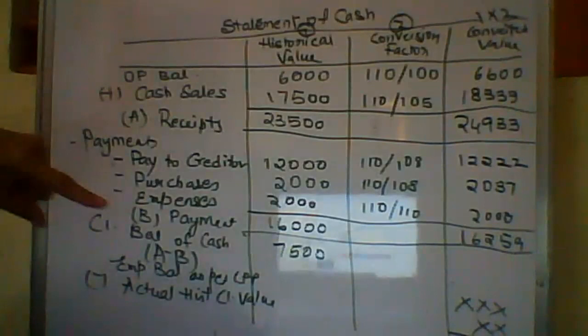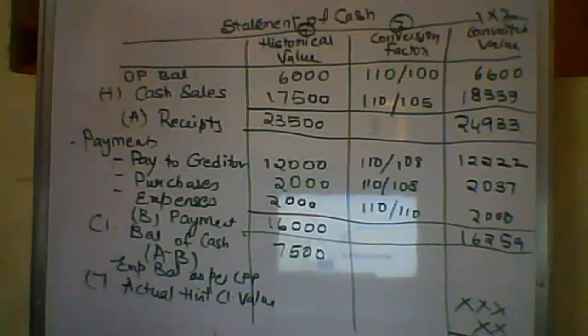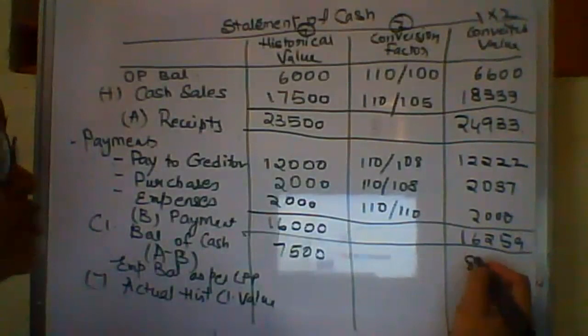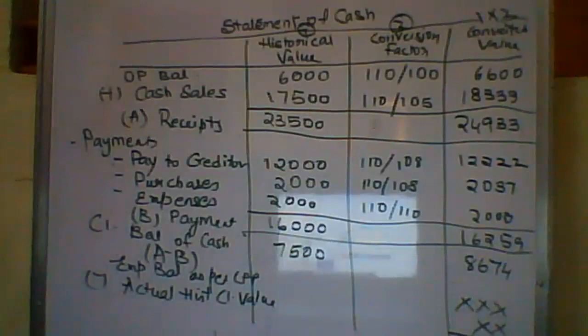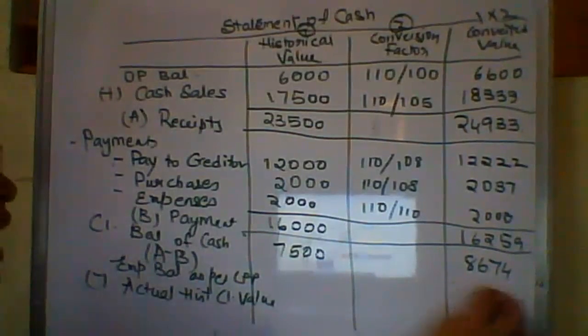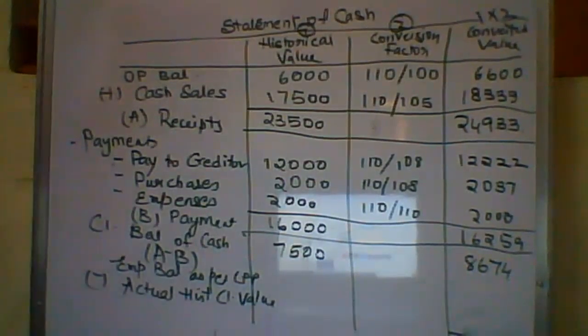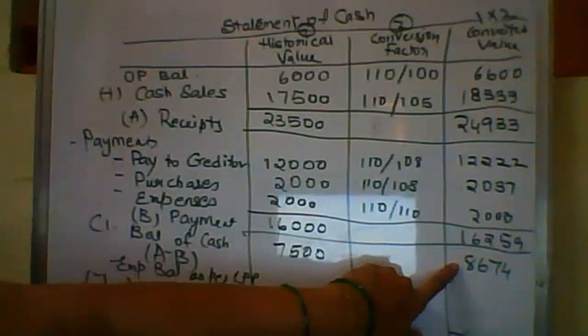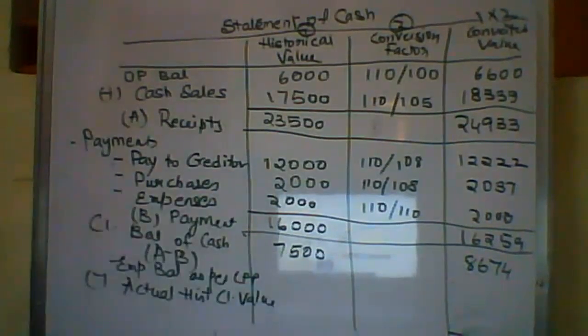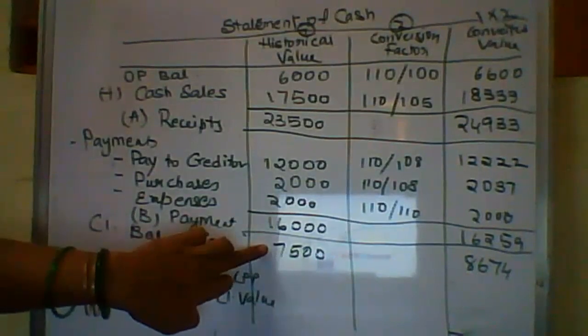But according to converted value, your closing balance is coming to 8,674. So I'm getting a converted value of 8,674. Now what am I understanding here? Practically I should have had the expected value as per my CPP, a closing balance of 8,600. But in inflation, what's happening? I don't change my monetary values.